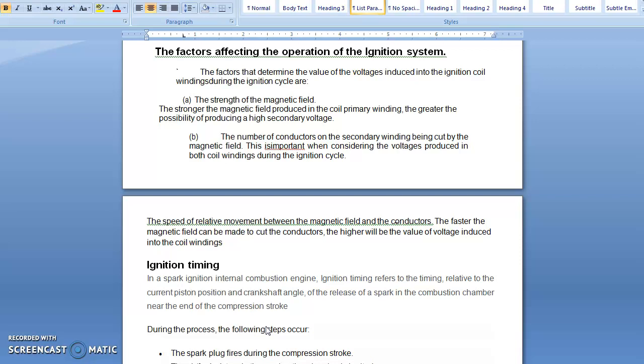In a spark ignition internal combustion engine, ignition timing refers to the timing, relative to the current piston position and the crankshaft angle, of the release of a spark in the combustion chamber near the end of the compression stroke.